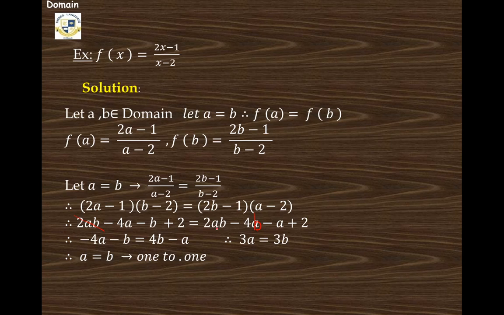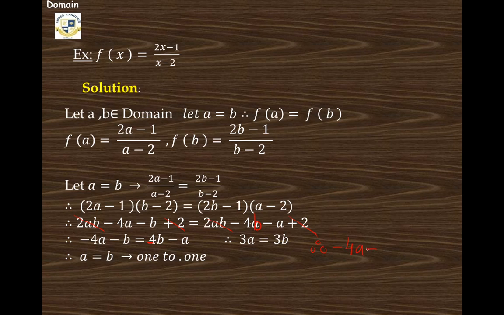Therefore I'll cancel 2ab, I'll cancel also positive 2, and the remainder negative 4a minus b equals negative 4b minus a.